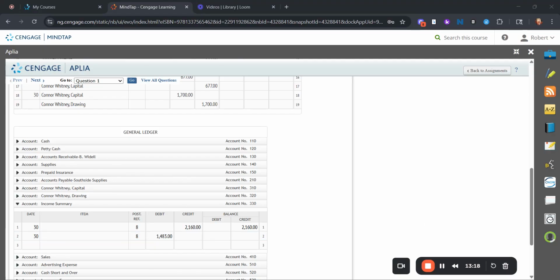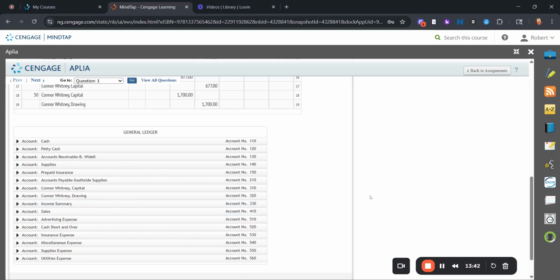So now it's subtracted off this $14.83. Should give us $677. New credit balance of $677. And I already put the account number on the journal for 330, so we can leave this one alone for a little bit.